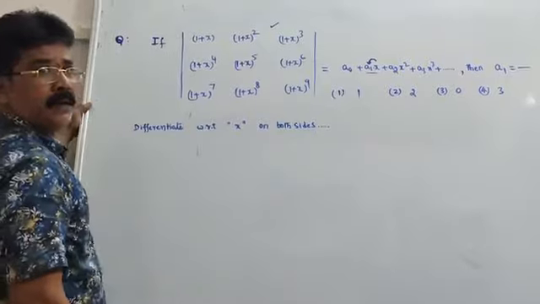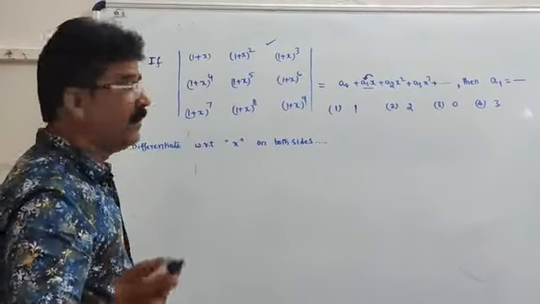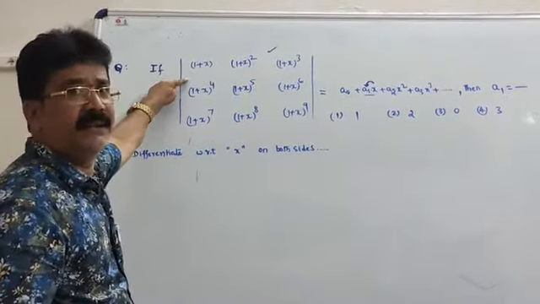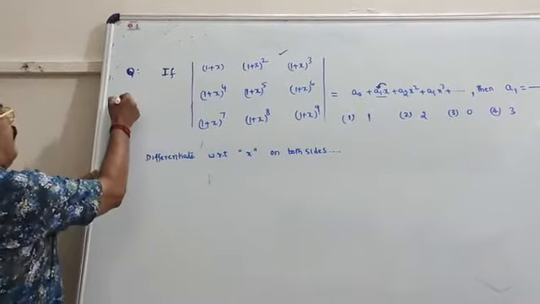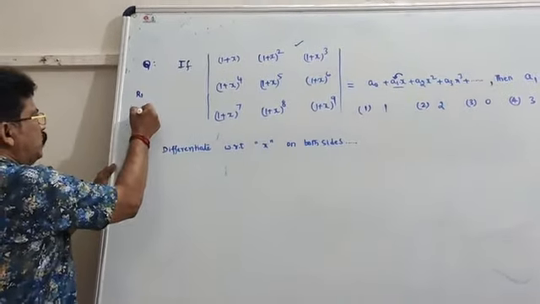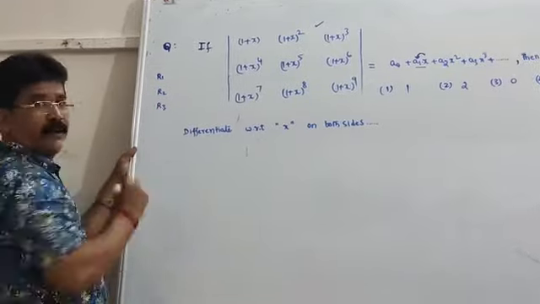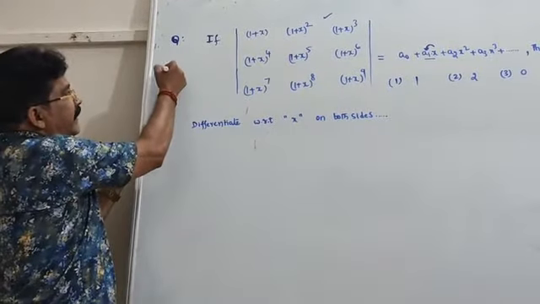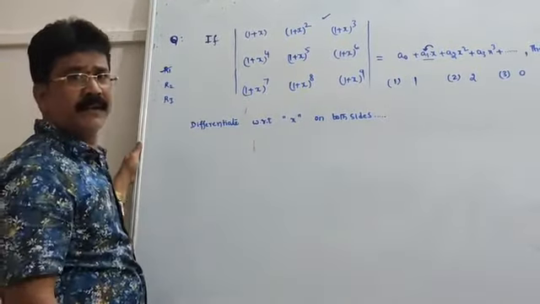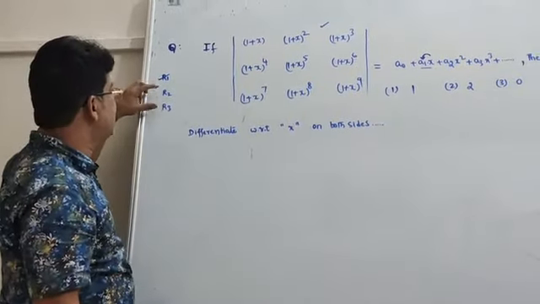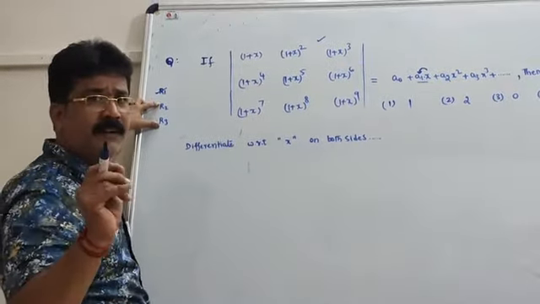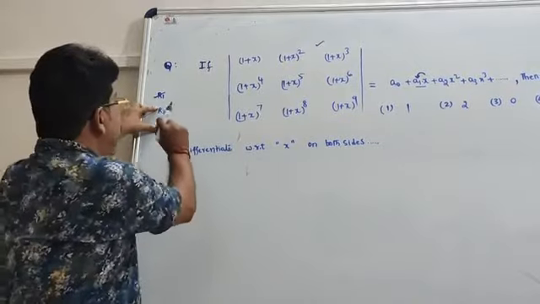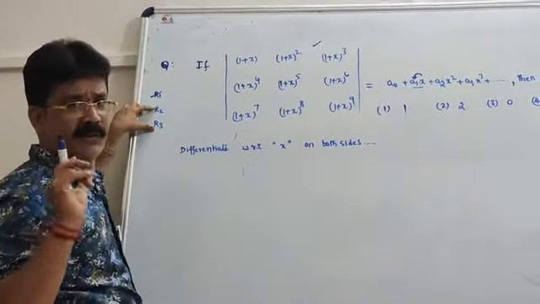Okay, so here we are learning how to differentiate the determinant. First, R1, R2, R3, three rows are there. First, to differentiate R1 with respect to x. In such a case, keep fixed or constant the R2 and R3 elements.